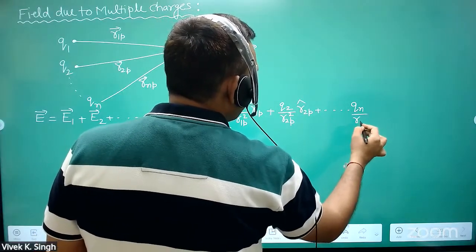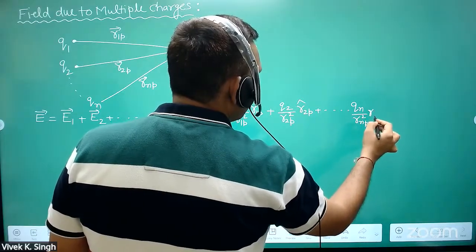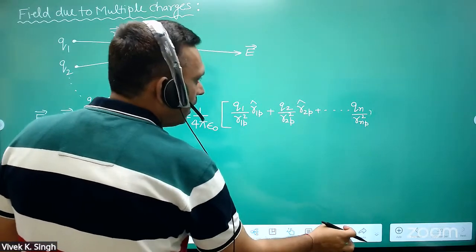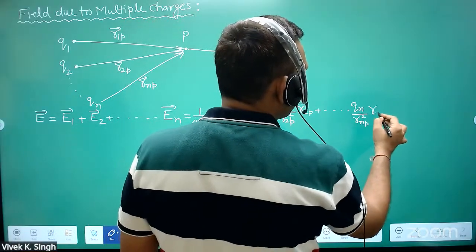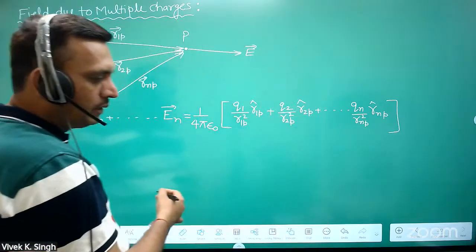QN by RNP square and then you have RNP cap. तो ये इंडिविजुअल इलेक्ट्रिक फील्ड हो गया.